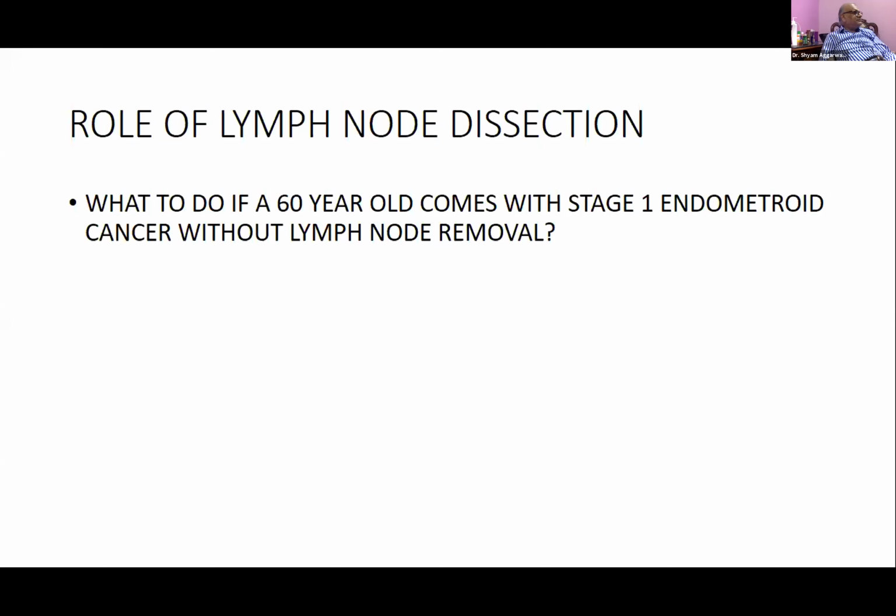Dr. Rupinder. When we often get such patients, the first thing we ask of them is to get a slide and block review done at our place. From that, we hope to know what is the grade of the tumor, what is the LVSI, what is the myometrial invasion, if at all there is. Then depending on all these factors, we take a call if the patient needs lymph node dissection or not.